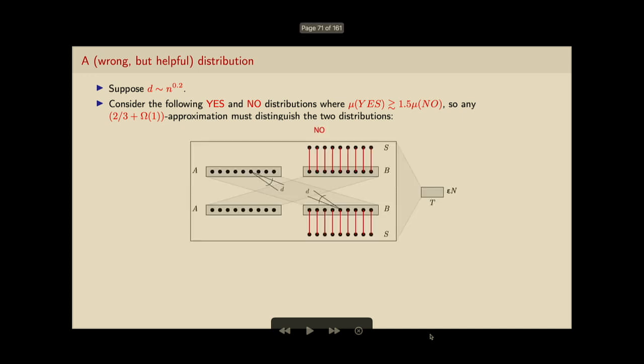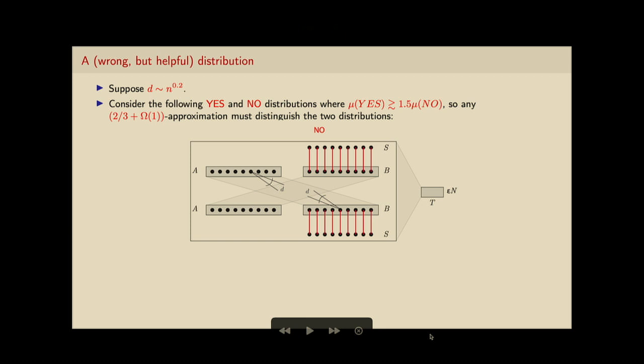So how does the distribution work? We still have these dummy epsilon n vertices made adjacent to every other vertex in the graph. The only role they're playing is to increase the number of edges to n squared while not changing the matching much. Okay. So the main action is happening in this induced core graph.